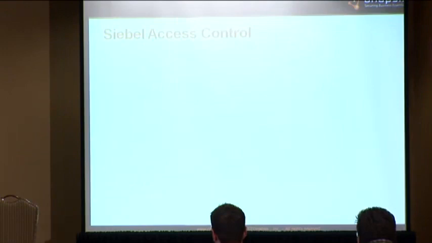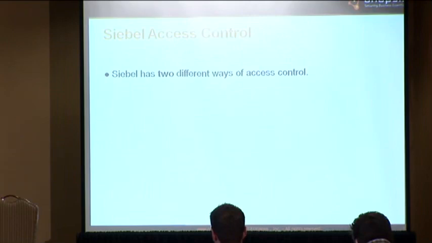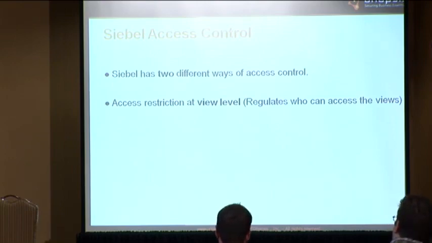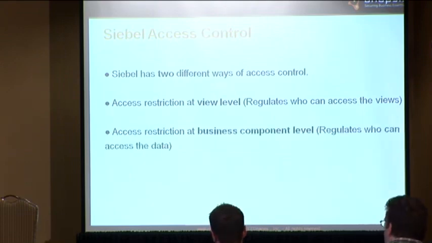Let's talk a little bit more about the Siebel access control. By default, you have two different mechanisms in place on Siebel. The first one is at the view layer, more the user interface layer. From here, you can restrict who can access the view. The second one is at the business component level. This is a concept more related to Siebel.